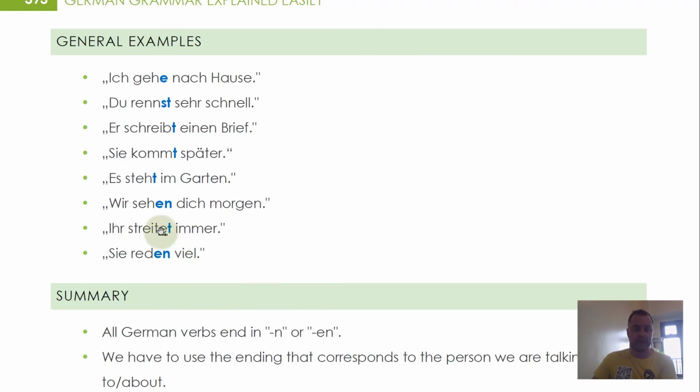And pay attention, T or D ending, then we have to add an extra E in front of the T or ST. And if the verb stem ends in something that sounds like an S, we have to omit the S if we add an S. And ELN and ERN, the ending is just N and nothing else.